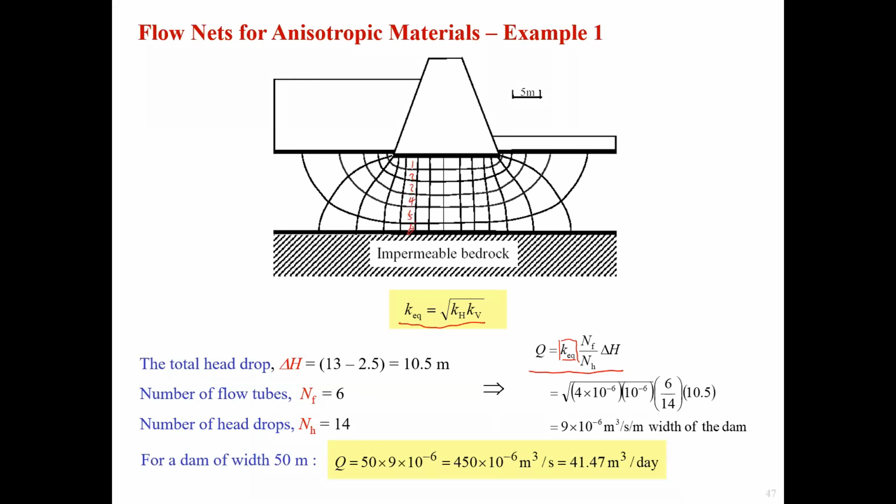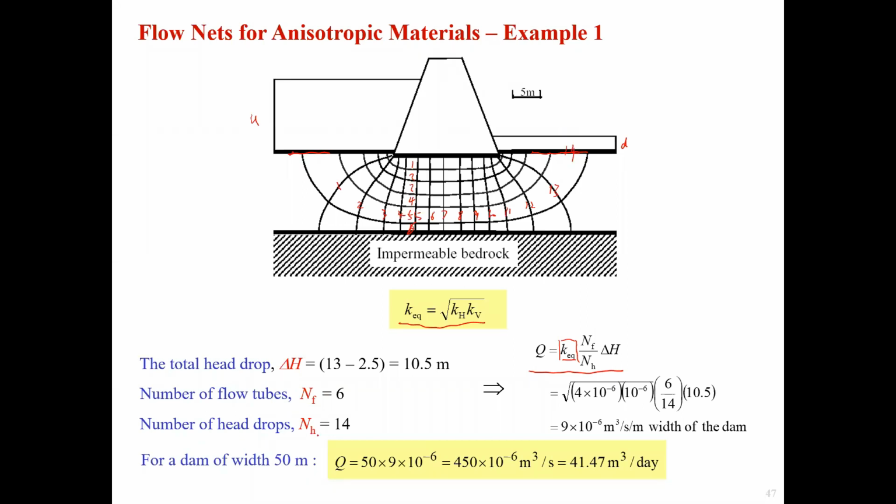The number of flow tubes, NF, is 6. For the number of head drops, that's the upstream, that's the downstream, that's the first water head line, and that's the last water head line. So the head drops will be 1, 2, 3, 4, 5, 6, 7, 8, 9, 10, 11, 12, 13, 14.